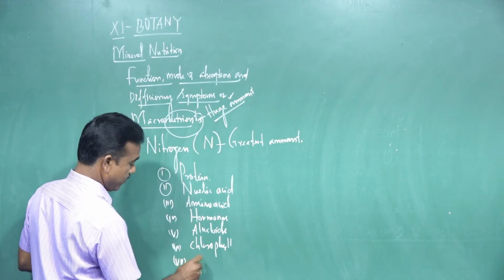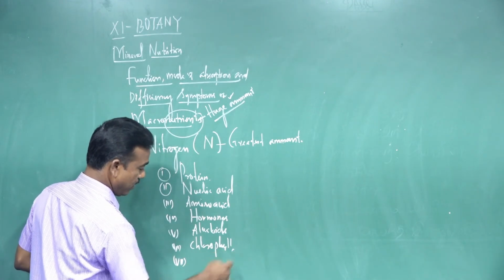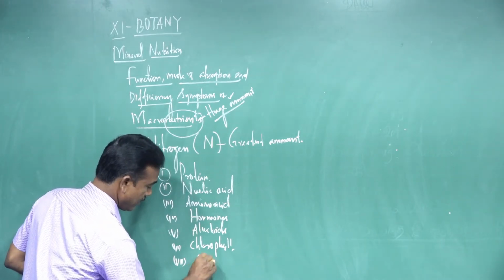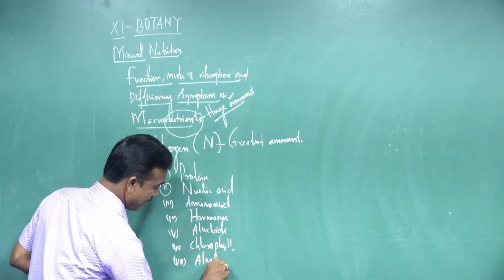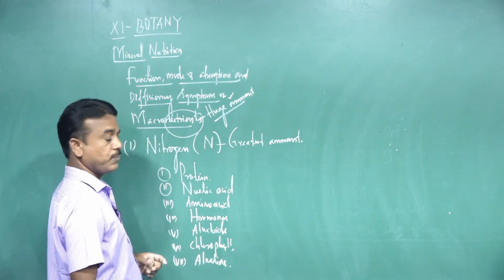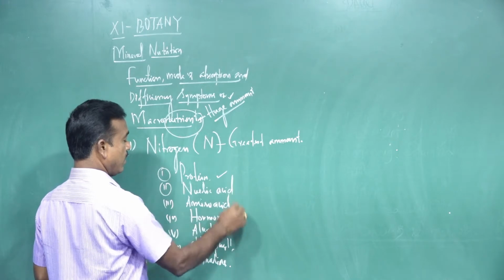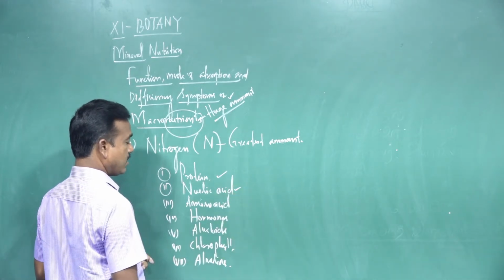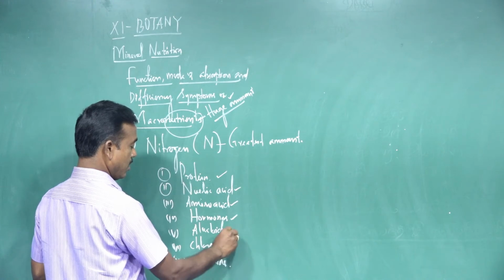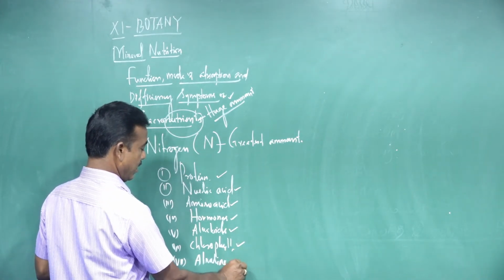Seventh one, alkaloids. So these are the things it is responsible for making: protein, nucleic acid, amino acid, hormones, alkaloids, chlorophyll.